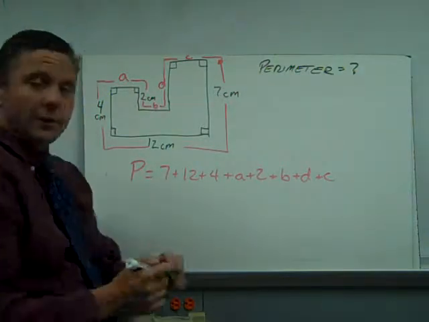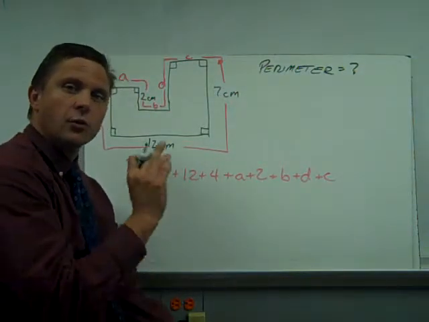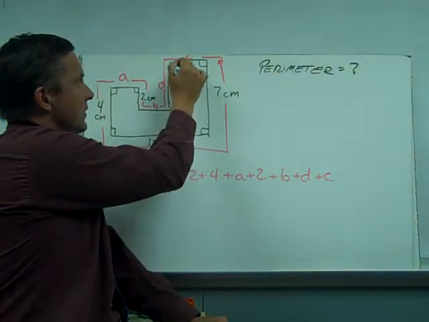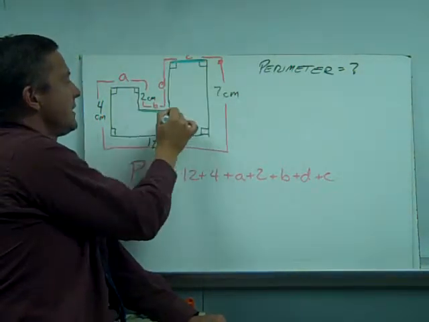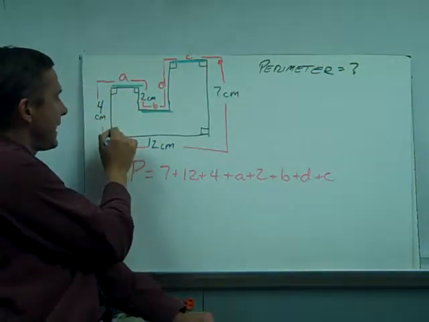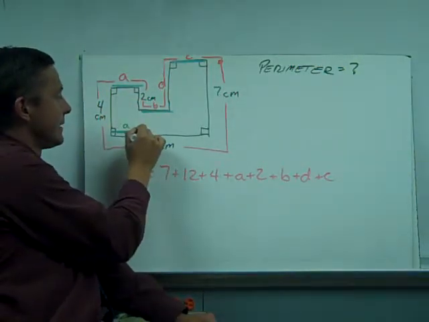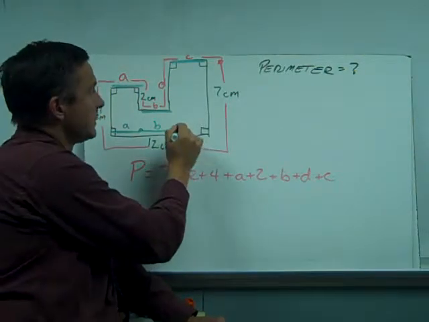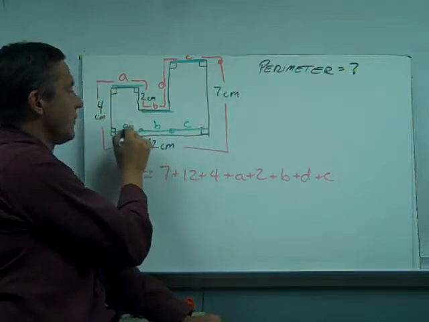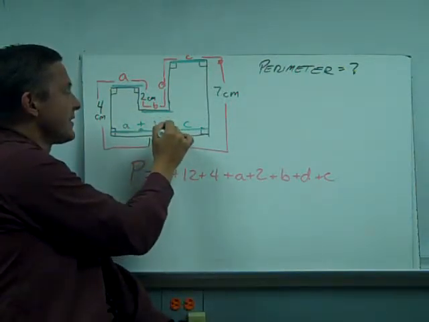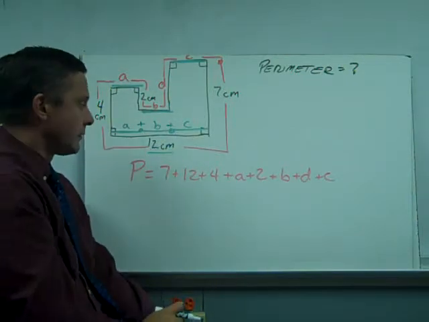So, when I look at these, again, I'll start with the horizontals. I have C, and I can see it right here. I have B, and I have A. If I drop those to the bottom, A, B, and C. And what you have to catch about A, B, and C is the sum of these has to be the same as 12.